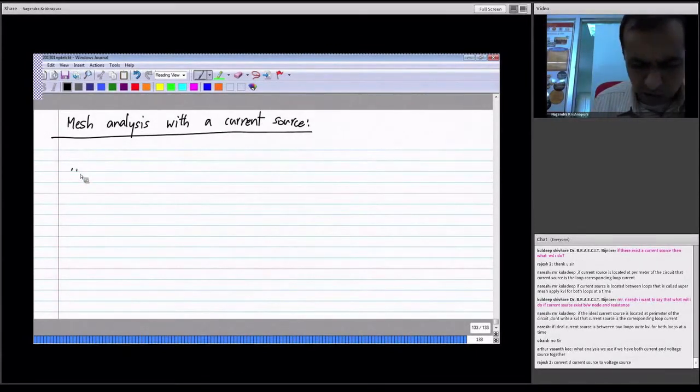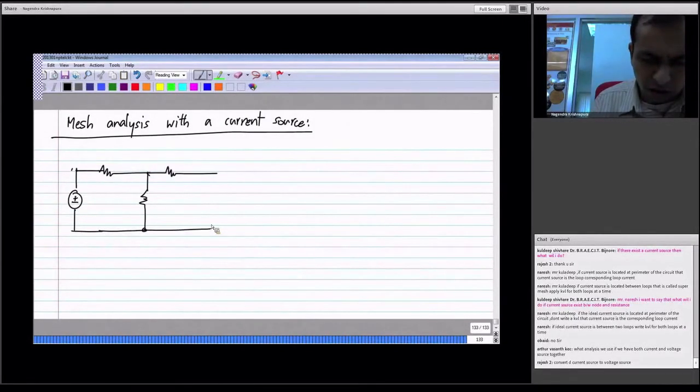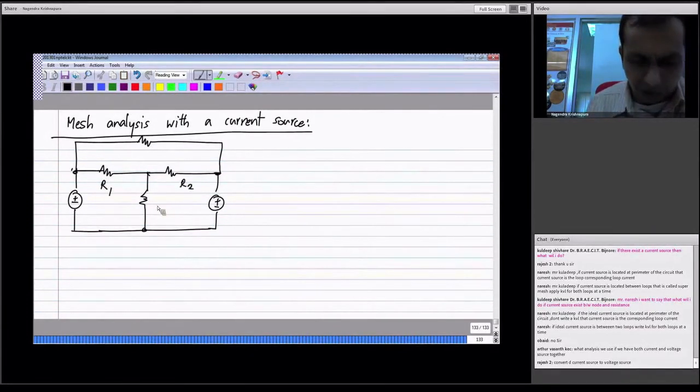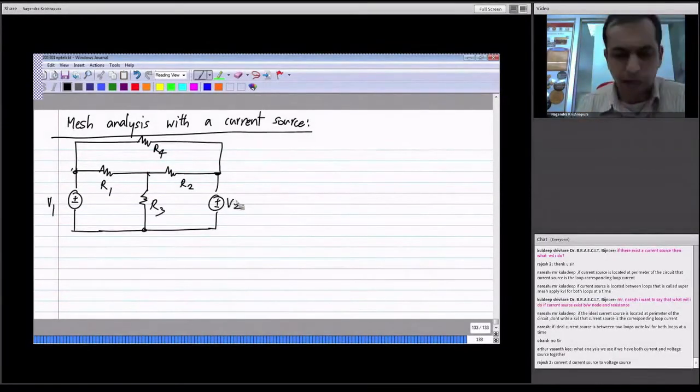This is the circuit I had earlier. And let's say instead of this resistor R3, I have a current source I1.